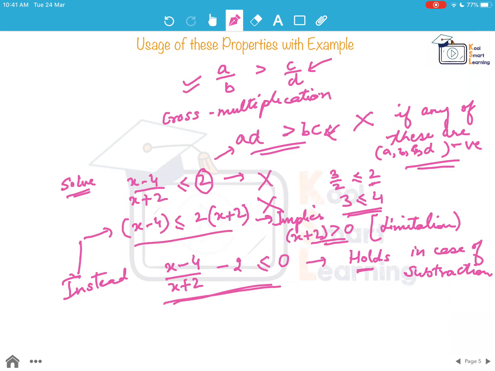But we cannot do this cross multiplication because we are not sure of the nature of x plus 2. X could lie in that range of, say, less than minus 2. So x plus 2 becomes negative and we cannot be sure whether this inequality will hold. So this is an important application where we need to be careful about using these properties to solve the inequalities.